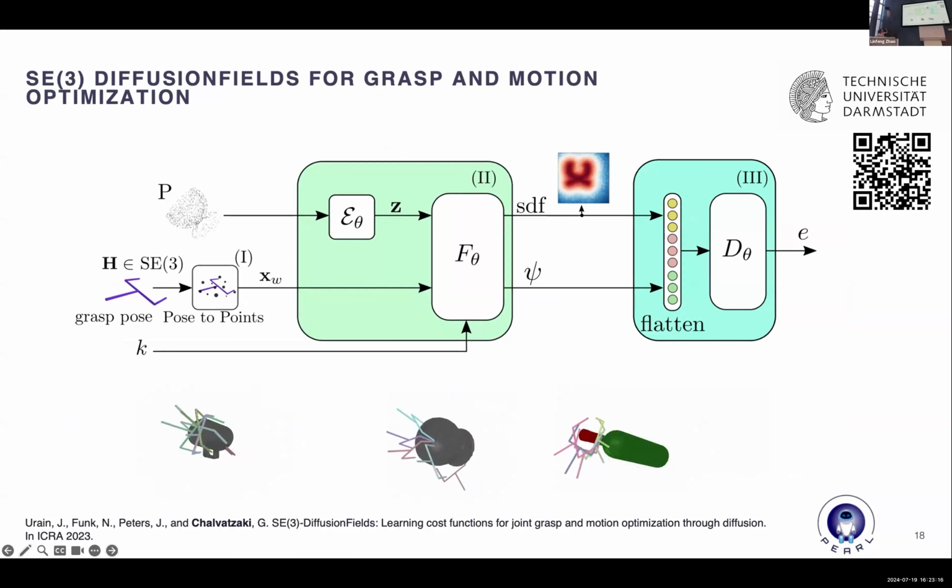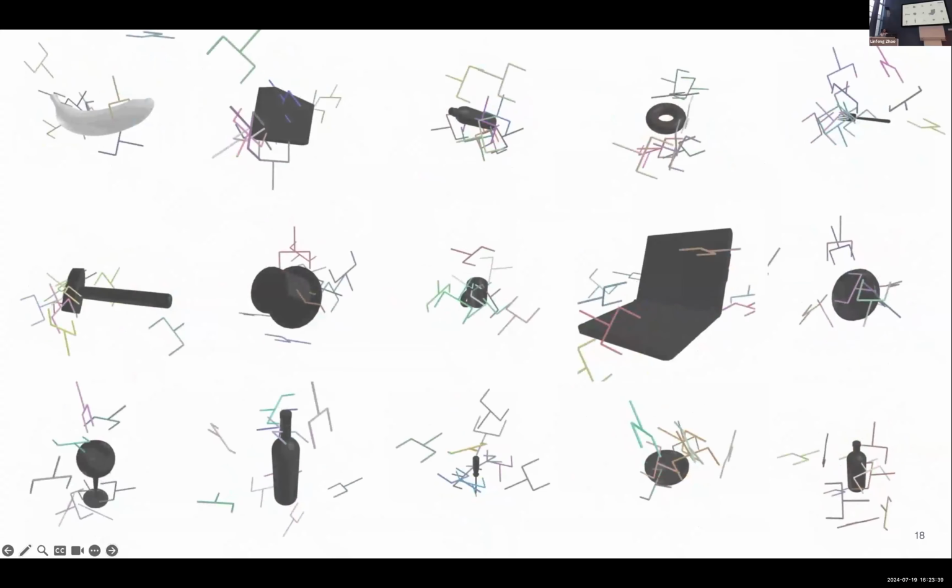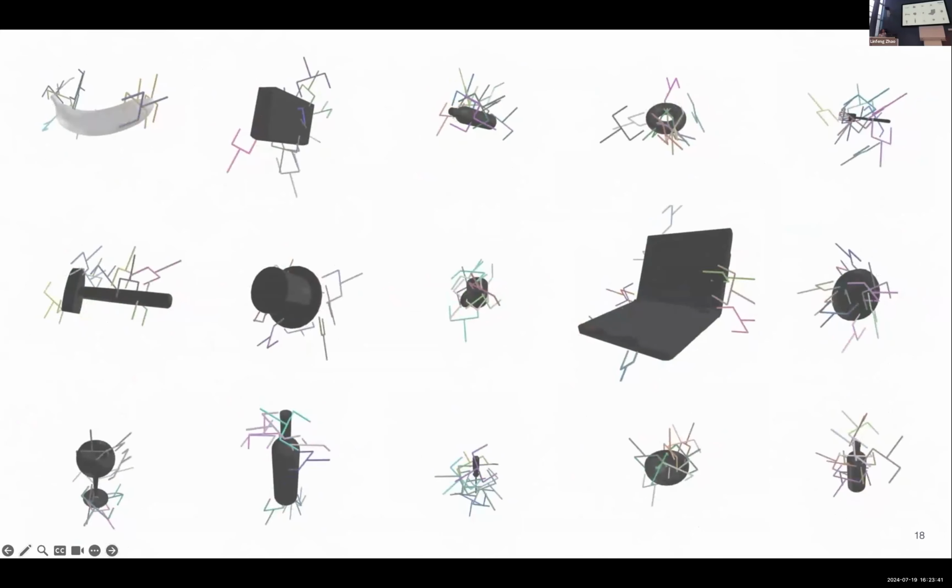We need an SE(3) representation of the grasp poses, which we represent with different points. They pass through some initial layers where our auxiliary task is to infer the SDF of the object that we want to interact with. We take some features, we plug on them, and we try to predict the noise vector. We have done this for a class of objects.